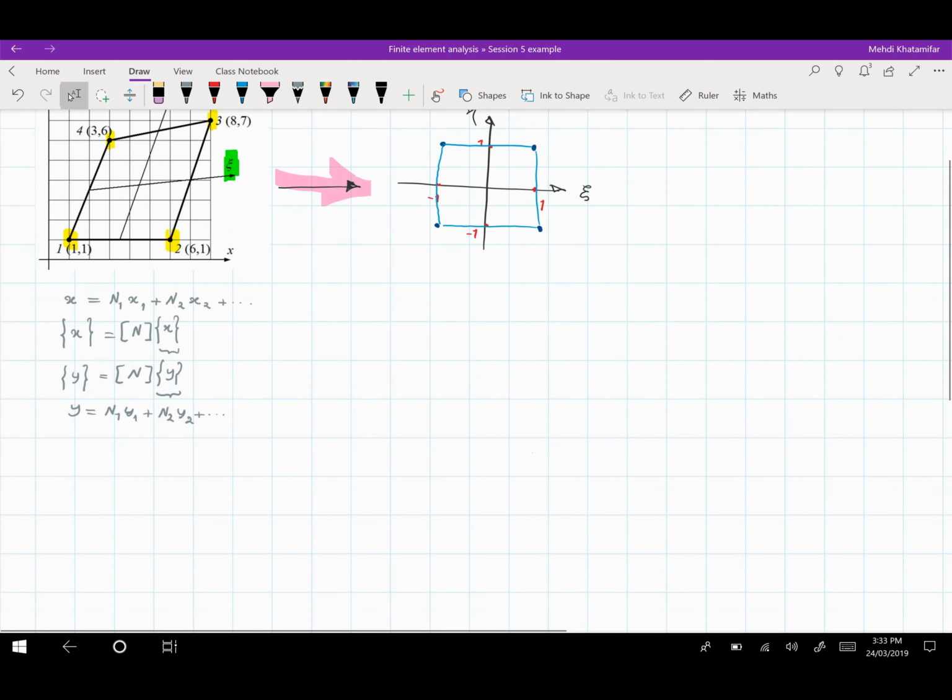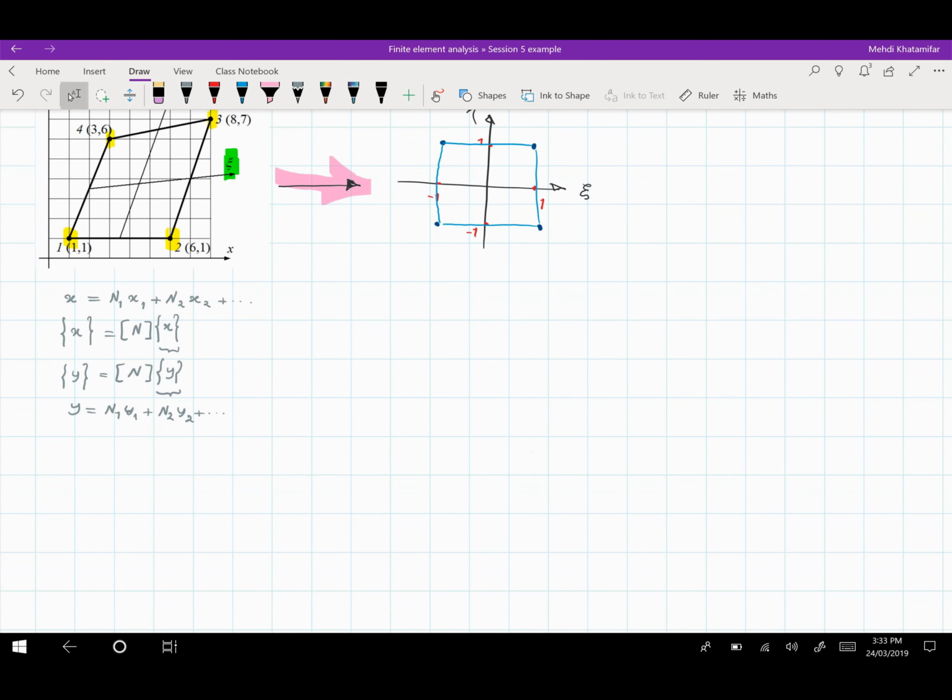For two-dimensional cases, our x is a variable of psi and eta, and it's going to be the summation over 4 nodes, because we have node 1, 2, 3, 4, which I already colored yellow.